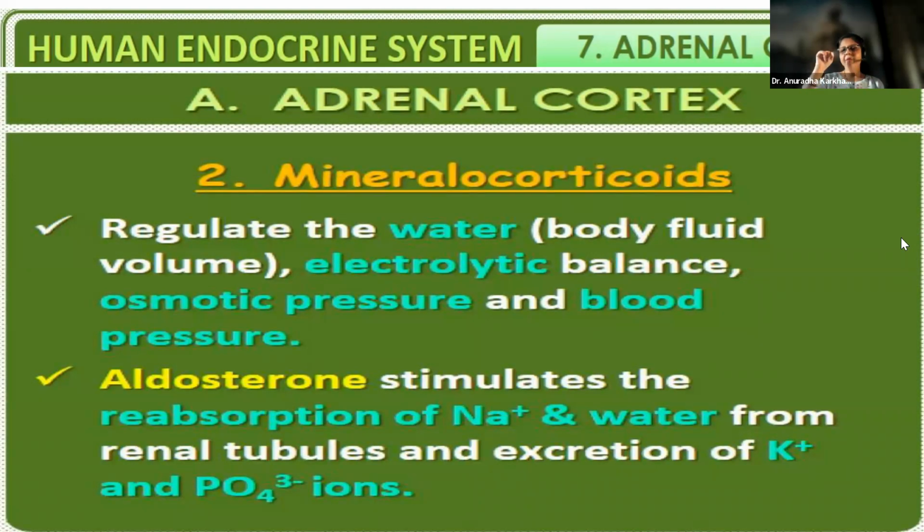Remember the reabsorption part, the diagram given with the loop of Henle. There this aldosterone plays a very important role. It stimulates reabsorption of sodium ions and water from the renal tubule, and causes K+ and phosphates to move out. So that is the second hormone being produced.